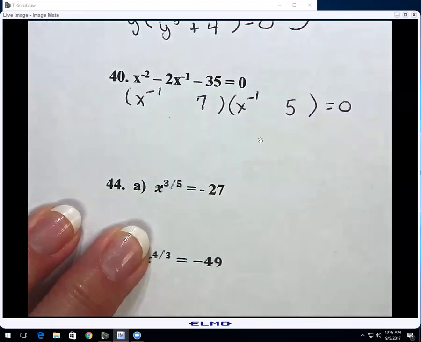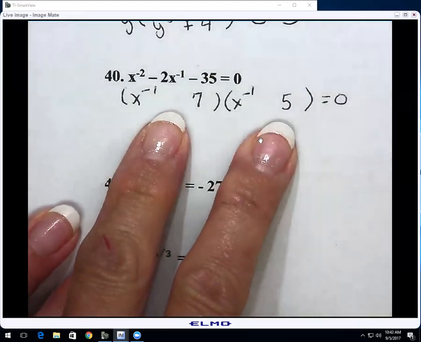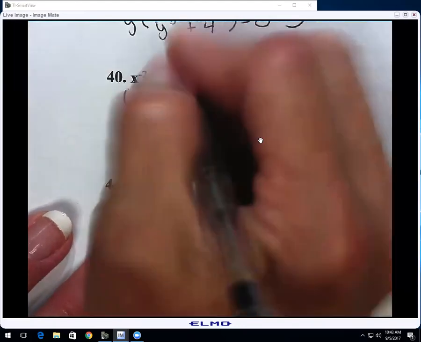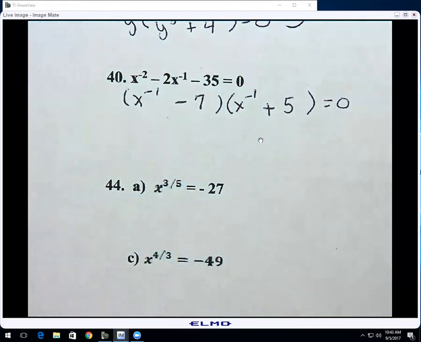And in order for them to give me a -2, what would these signs have to be? Opposite of each other. And which one has to be negative? The bigger one, -7 plus 5. The bigger number has to be the opposite of the sign of the middle term. In this case, the middle term is negative. It's a -7 plus 5 that gives me a -2.